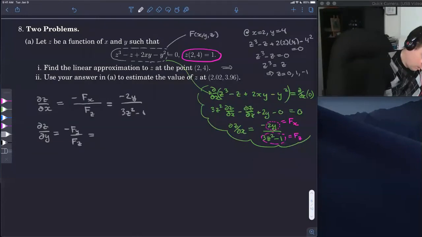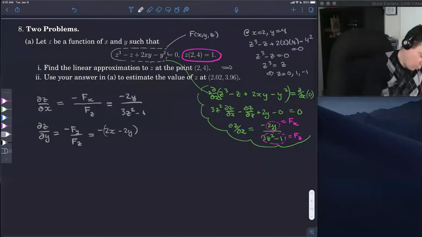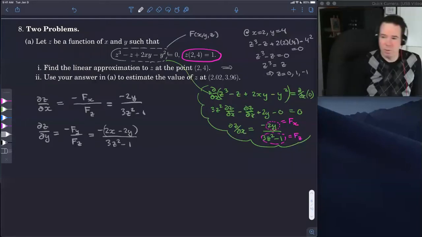Similarly here, this is negative f_y over f_z. And that's going to be the derivative of the expression with respect to y. So that's negative 2x, and then I'll put the brackets around here, minus 2y. So that's our capital F function, derivative with respect to y, all over the same thing, the derivative with respect to x.